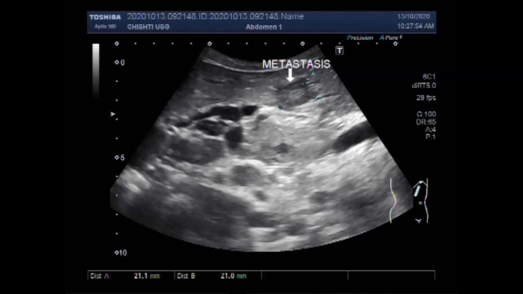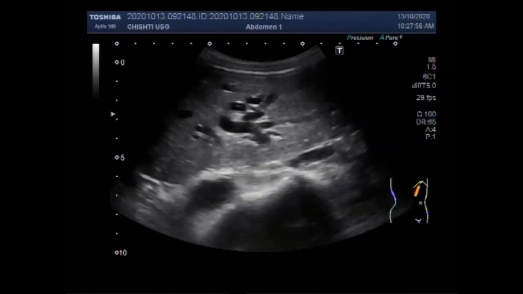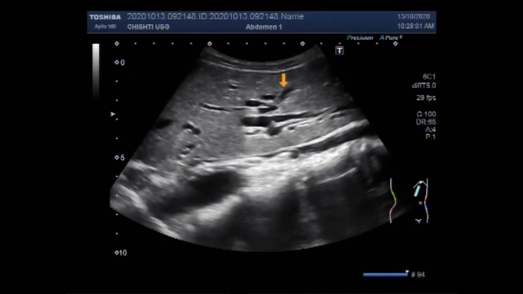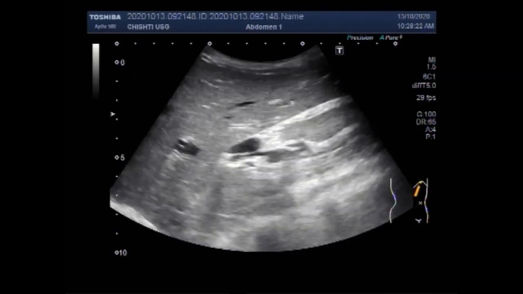Ultrasound, CT scan, and MRI are all useful for detection of hepatic metastasis. Now you can see the dilated biliary channels. The sensitivity of the ultrasound, CT scan, and magnetic resonance techniques for the detection of liver metastasis can only be assessed in comparison with the surgical inspection.